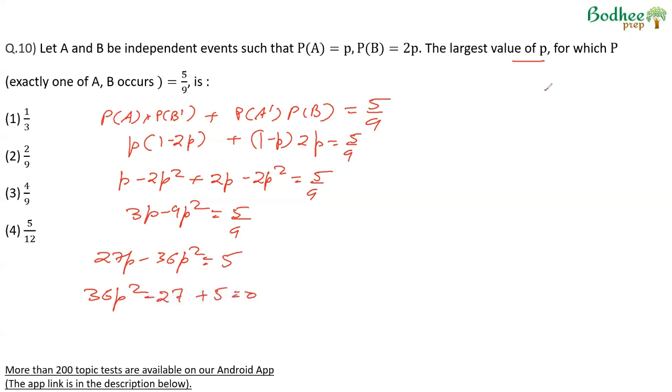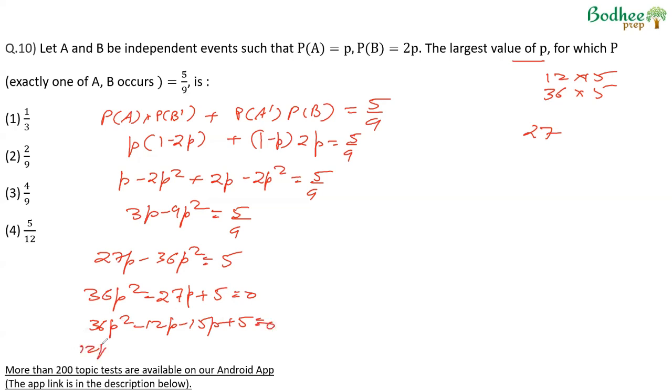So we're looking for two numbers which have a product of 36 times 5 and a sum of 27: 12 and 15. So we write this as 36P square minus 12P minus 15P plus 5 equal to 0.